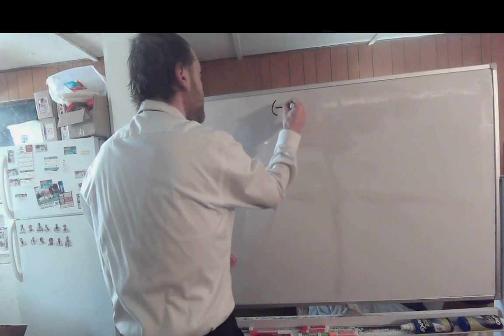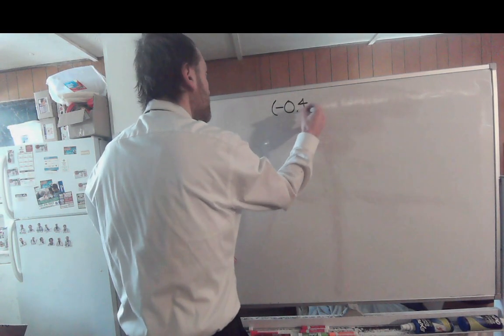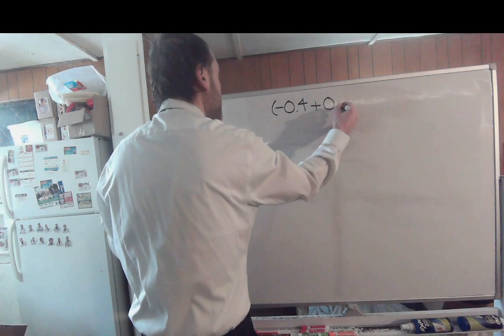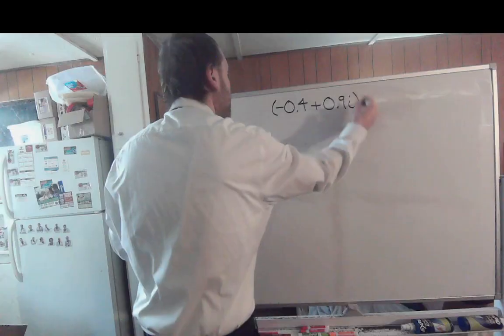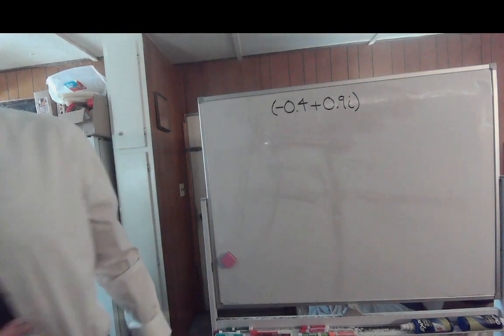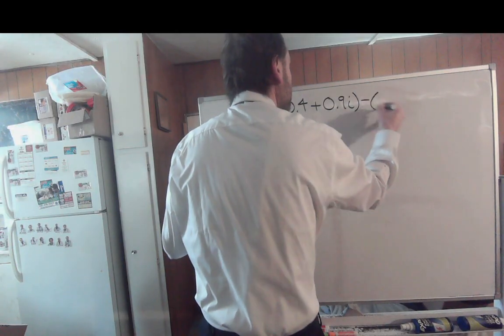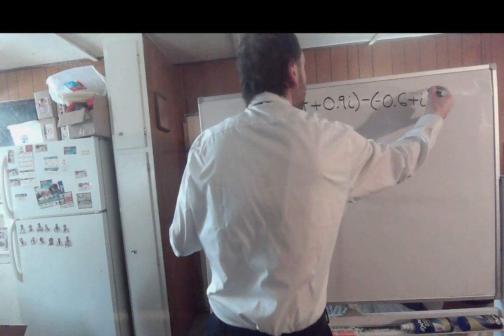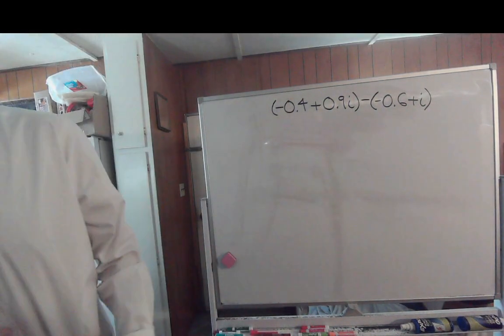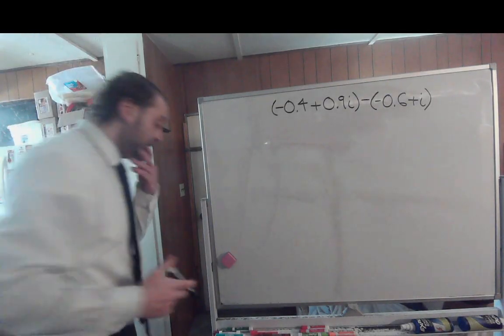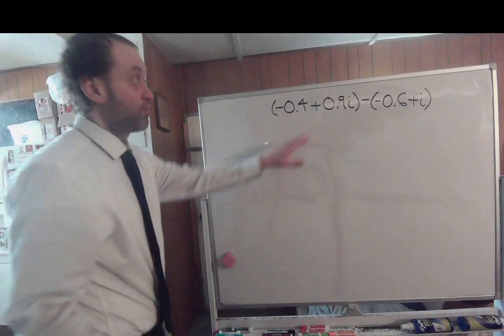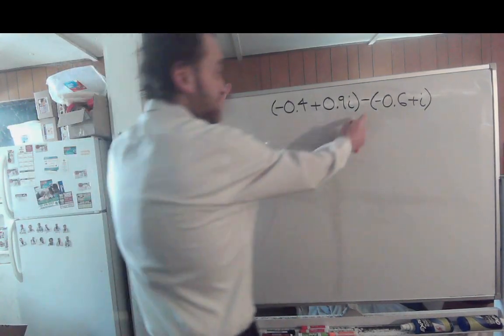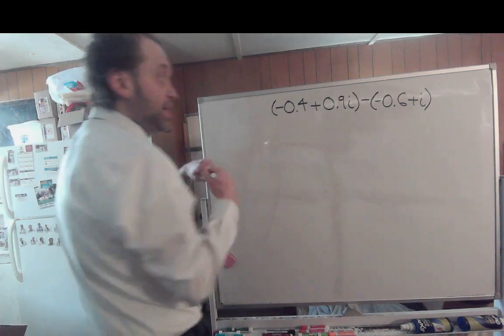All right, 4 more. Negative 0.4 plus 0.9i minus negative 0.6 plus i. All right, so negative 0.4 plus 0.9i minus negative 0.6 plus i.